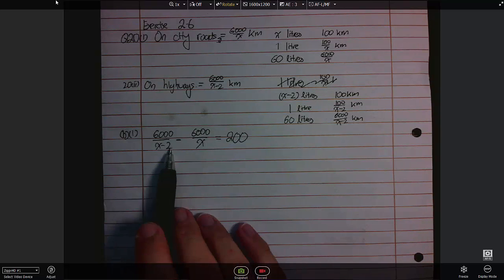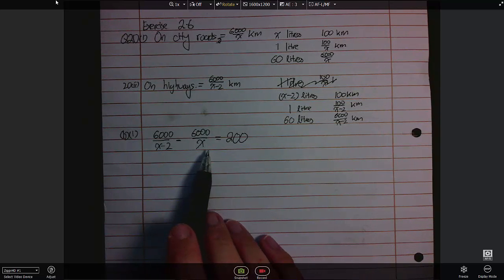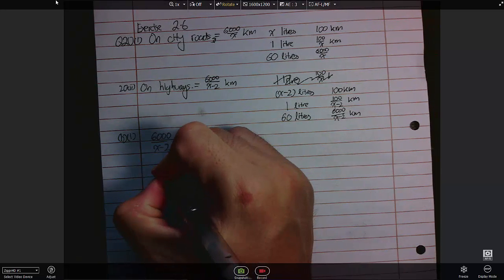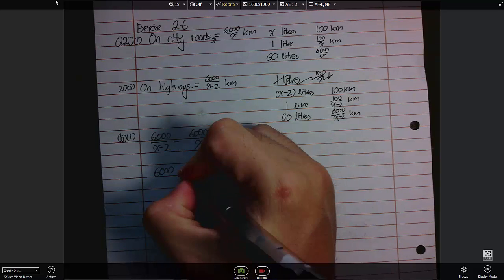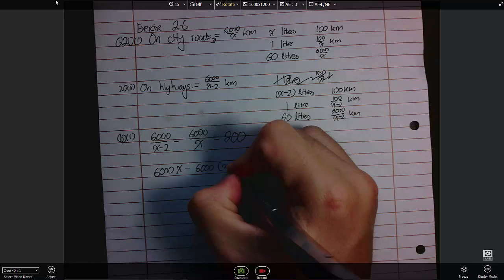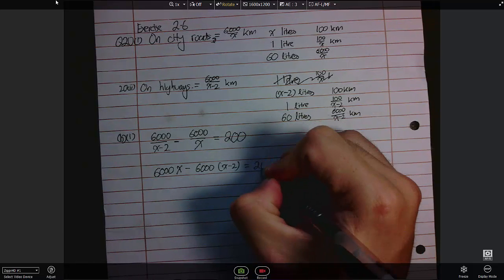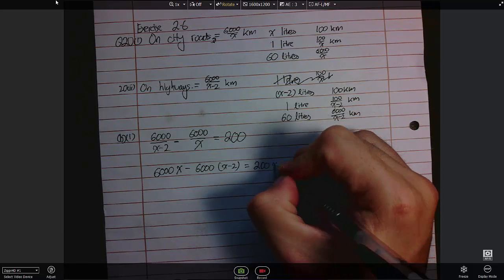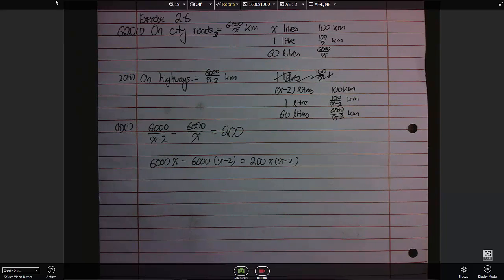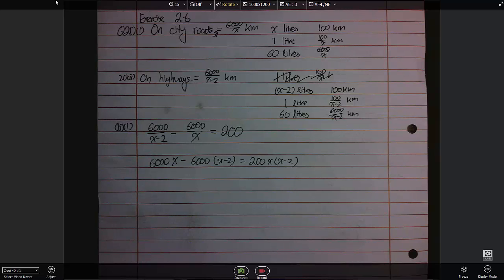Next one, this is a fractional equation. What I do is multiply by X times X minus 2. So what I get is 6,000 times X minus 6,000 times X minus 2 equals 200 times X minus 2. Then I will start to simplify everything.